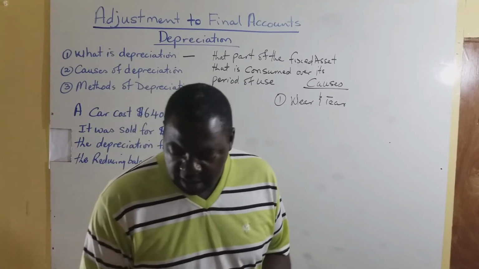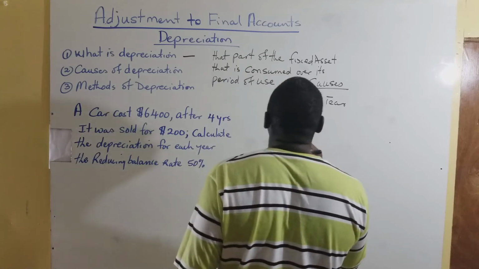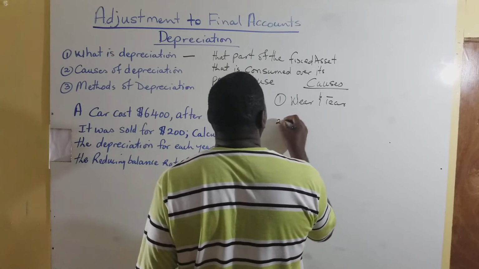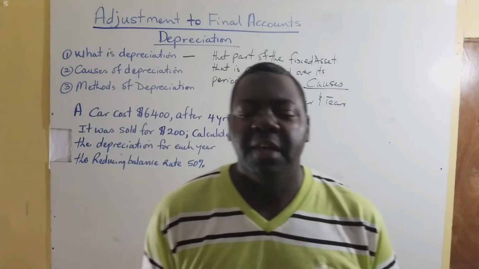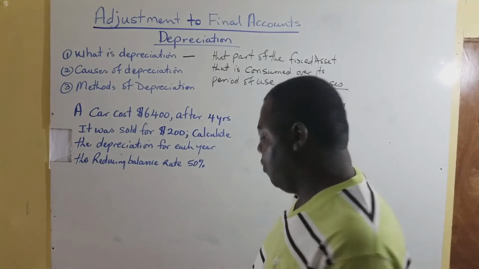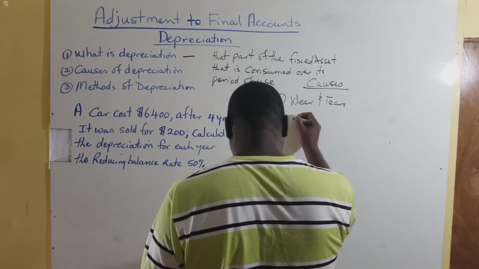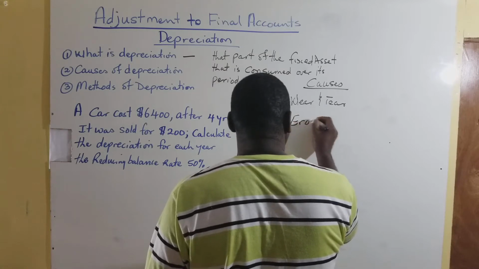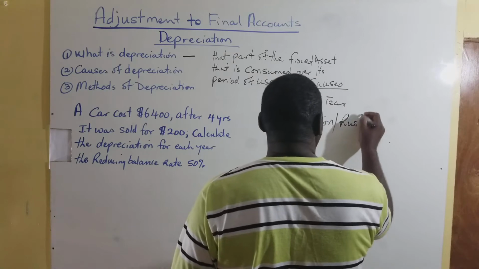All right. So physical deterioration takes place through wear and tear. Of course, also as a result of erosion. So we may have a situation where the asset loses value by virtue of erosion or rusting.